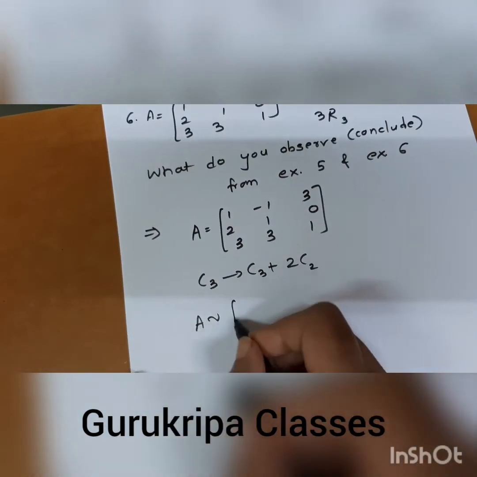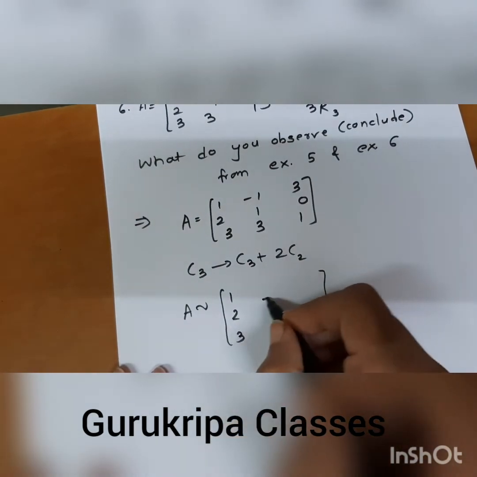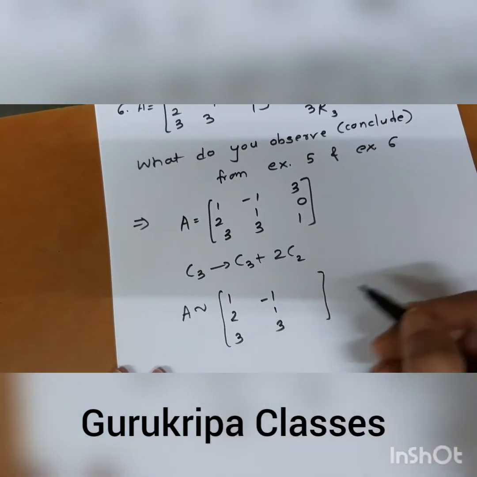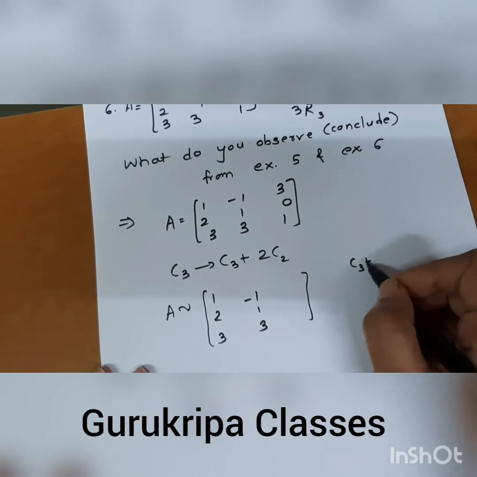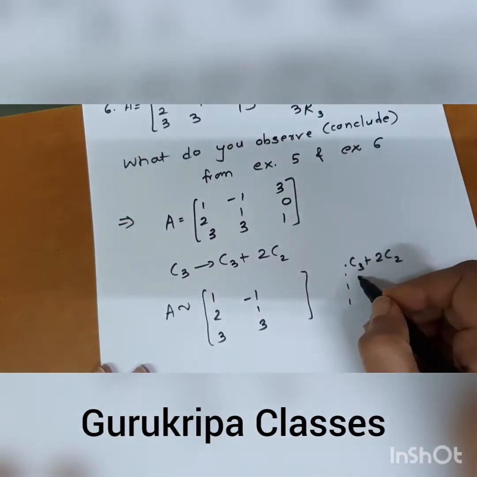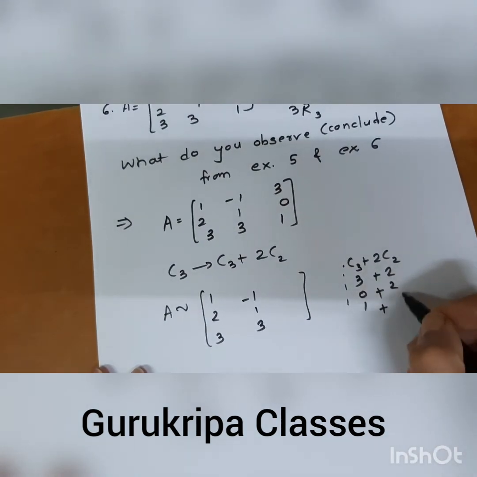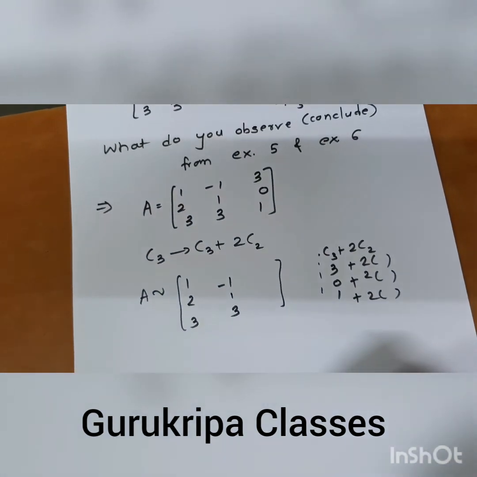So now A is equivalent to, obviously, first column will be the same, second column will be the same. C3 plus 2 C2, I am doing here rough work. What is C3? 3, 0, 1 plus 2 times the elements of C2. What are the elements of C2?